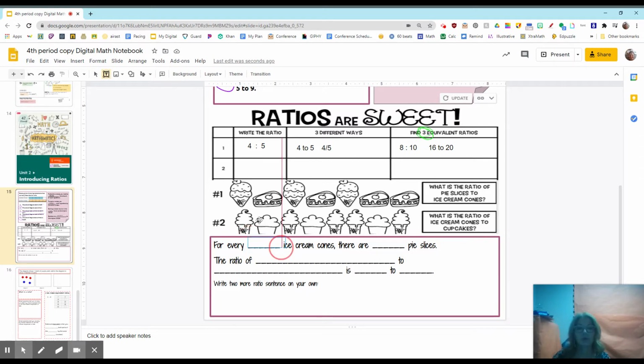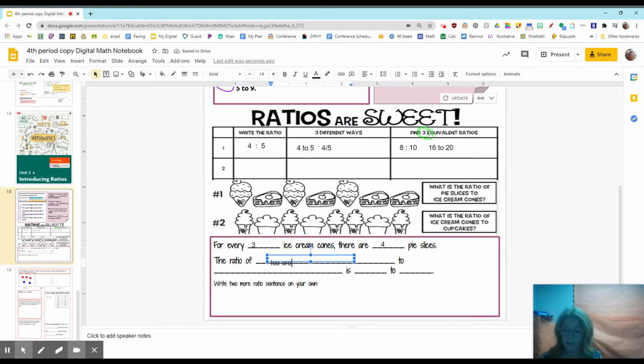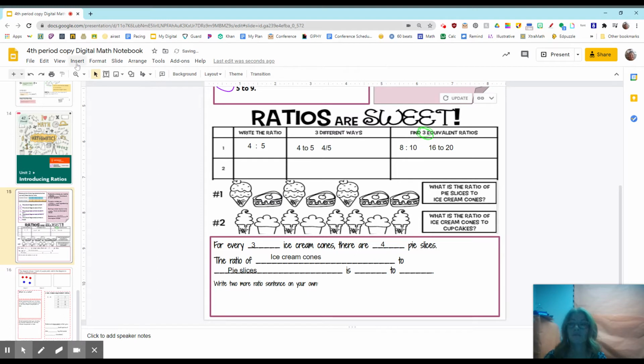So for every 3 ice cream cones, there are 4 pie slices, and then the ratio of ice cream cones to pie slices is 4 to 3.